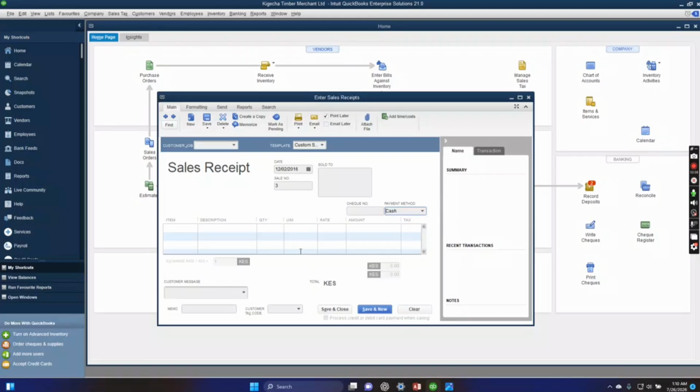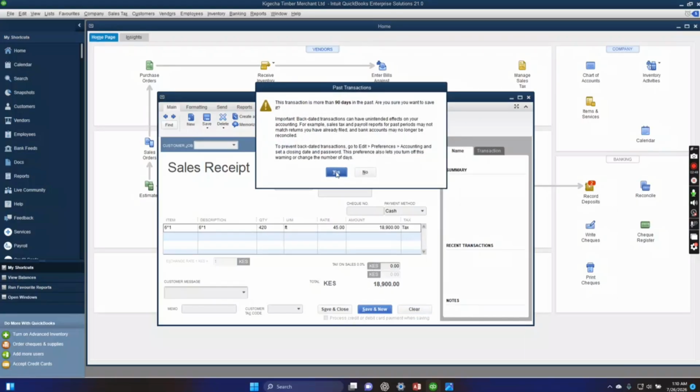We sold 6 by 1, and the quantity was 420, and the amount sold was 45 shillings. So we save and new.